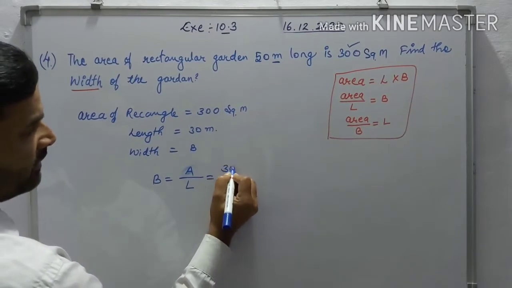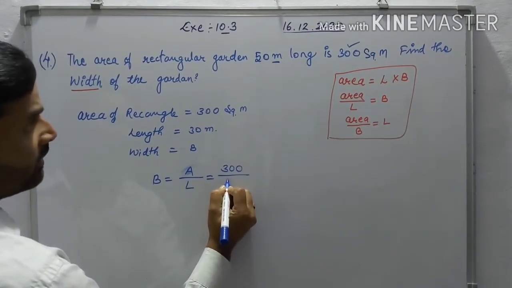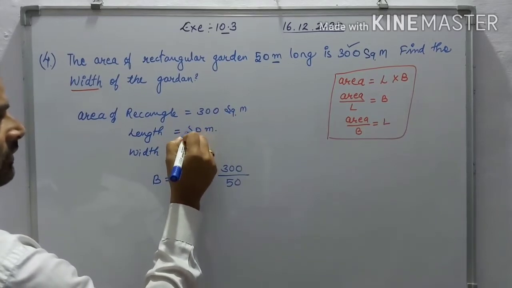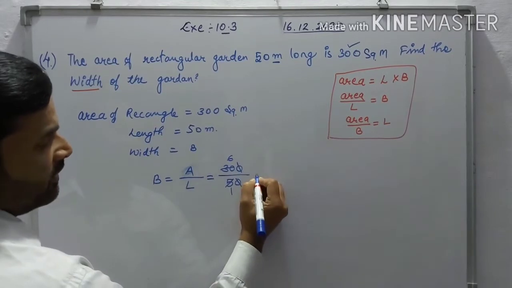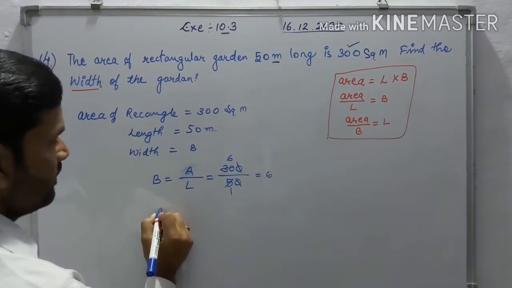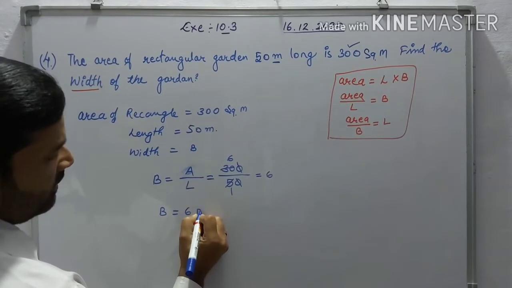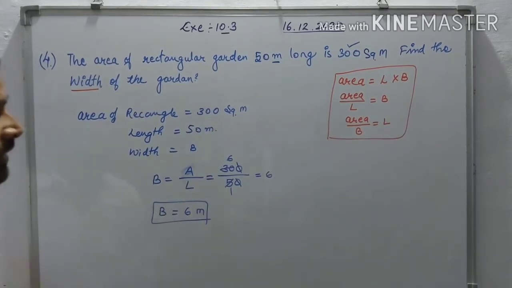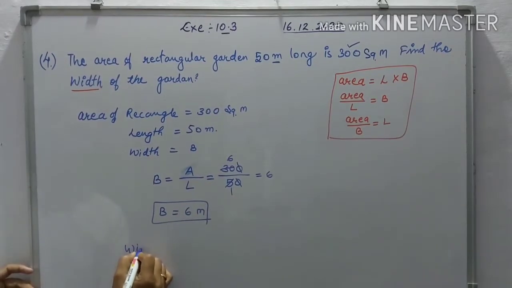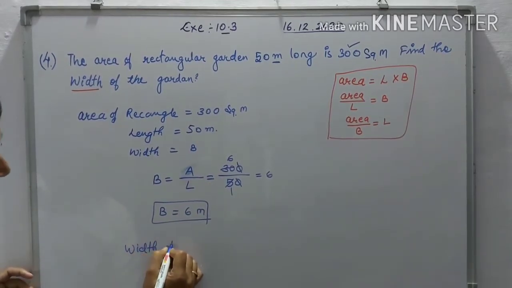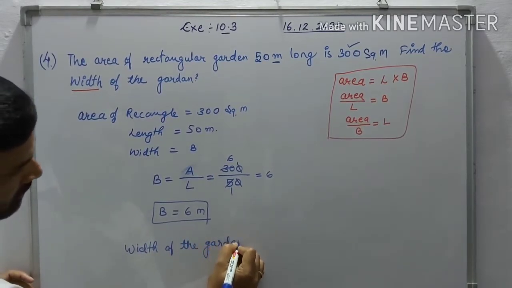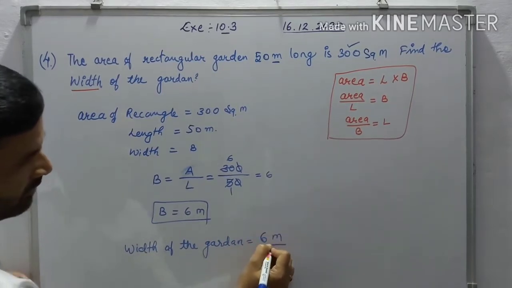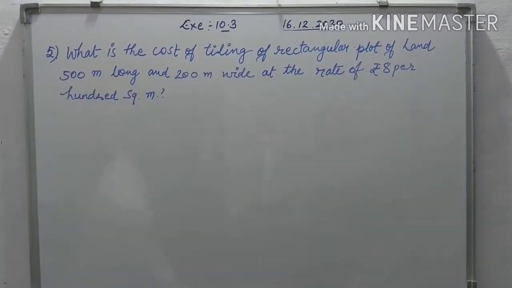Area is 300, length is 50 meter. You cut 0 0 cancel, 5 1 is 5, 5 6 is 30. The answer is 6. That the breadth B is equal to 6 meter. Okay, their unit is meter, then simple meter. So you write breadth of the garden is 6 meter.